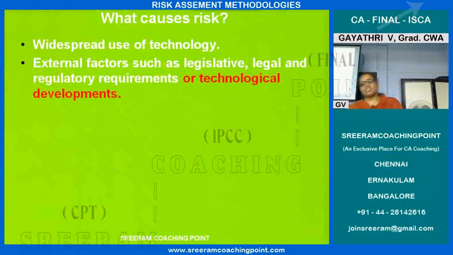External factors such as legislative, legal and regulatory requirements or technological developments. Say there could be changes. Say there is an election and there is a new result coming up. And you are always talking for the past 5 years only for one political party and apparently that political party loses. So there is a risk. This is what the medias are facing.